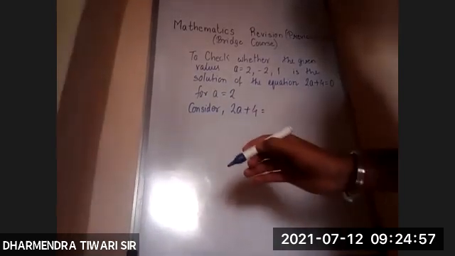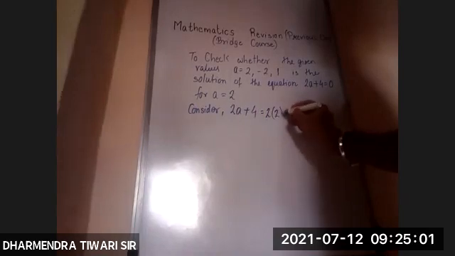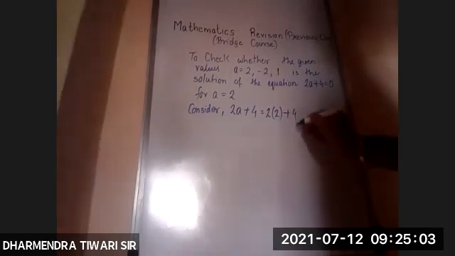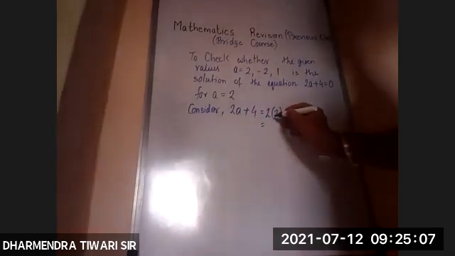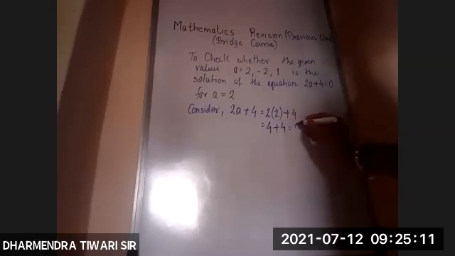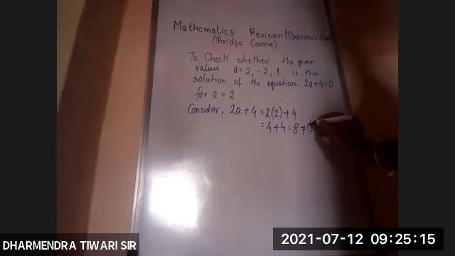So value of a is 2, substitute, plus 4. Now what we can see? 2 2s are 4, 4 plus 4, which is 8. So 8 is not equal to 0.